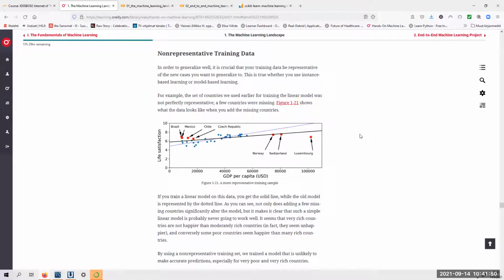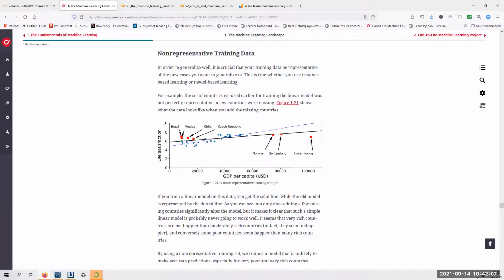Another thing is that you may not have a good representative set of data. So it can skew your model.